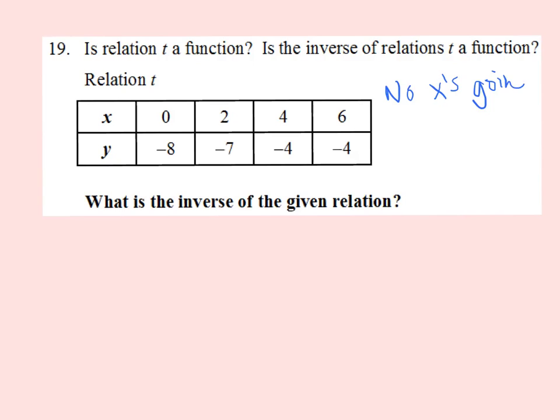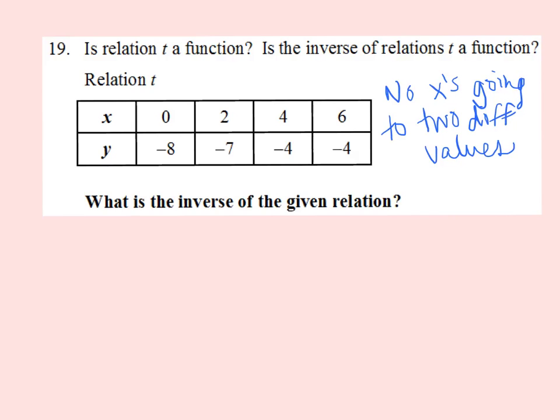So I'm looking for repeating x's, and if my x's do repeat, there better be the same value there, which would be silly because it would be writing the same point twice. But let's take a look. Looking at my x's here, I have 0, 2, 4, 6. Do any of my x's repeat? No. So my relation is a function.